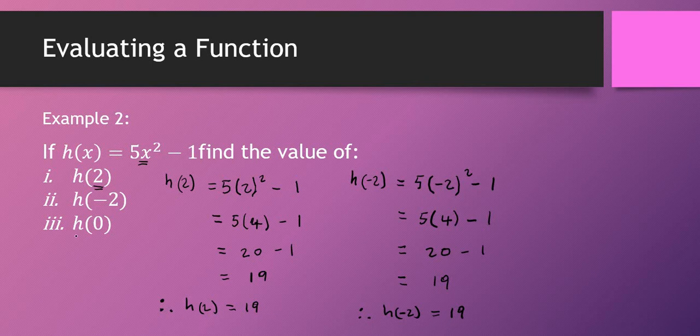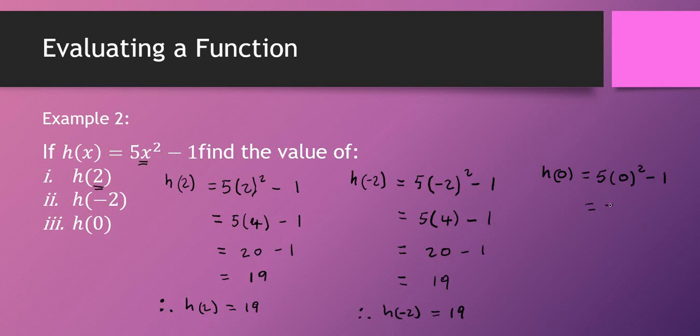And then, for the final part of the question, we are asked to find h of 0. So now, h of 0 means that x is now 0, so it's going to be h of 0 equal to 5. Instead of putting back x, you know that x is now 0, so it's going to be 0. Put back your power, which is 2. Put back your subtract 1. Then simplify. So 0 squared is just 0.